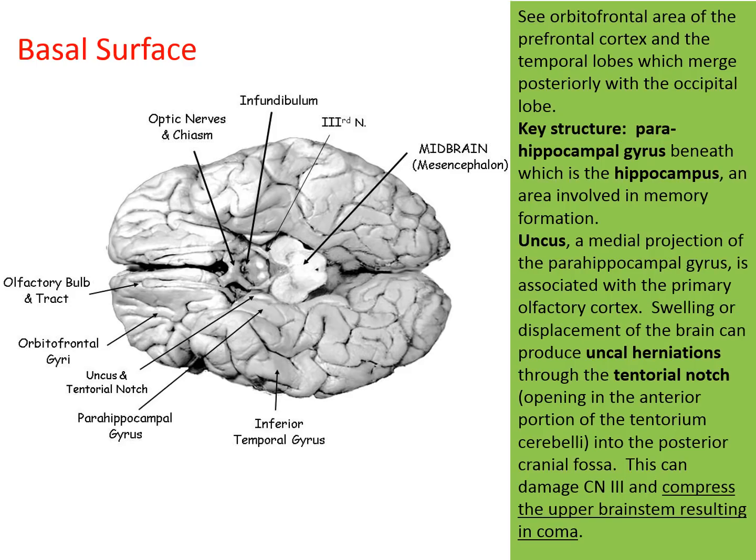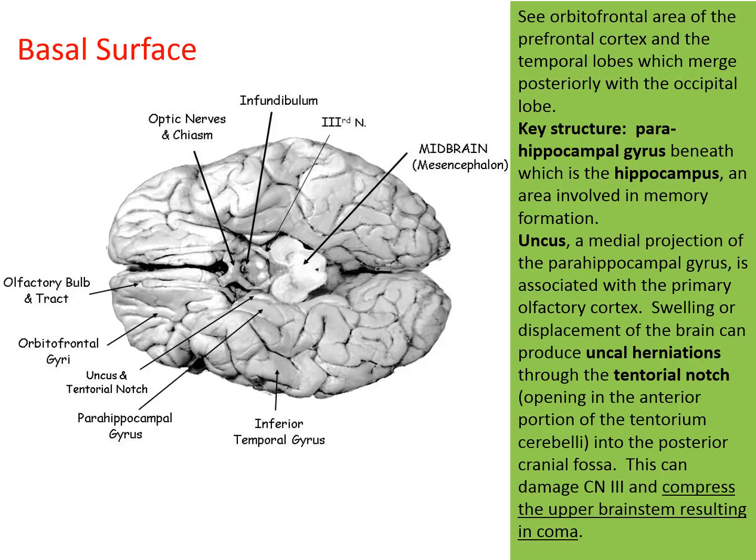If we look at the basal surface of the brain, we can see a number of structures we'll bring attention to. This is where the brainstem has been removed, and we've cut the brainstem off at the midbrain. And we're able to see the olfactory bulb and tract. We're able to see the optic nerve.